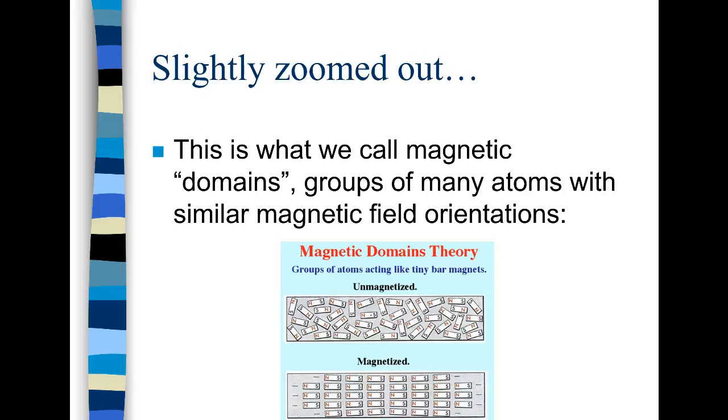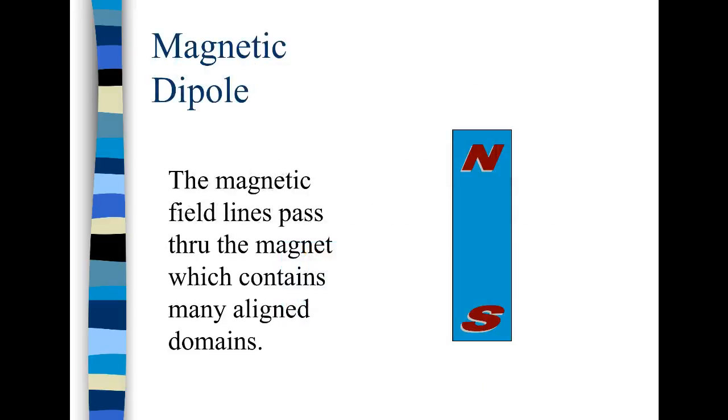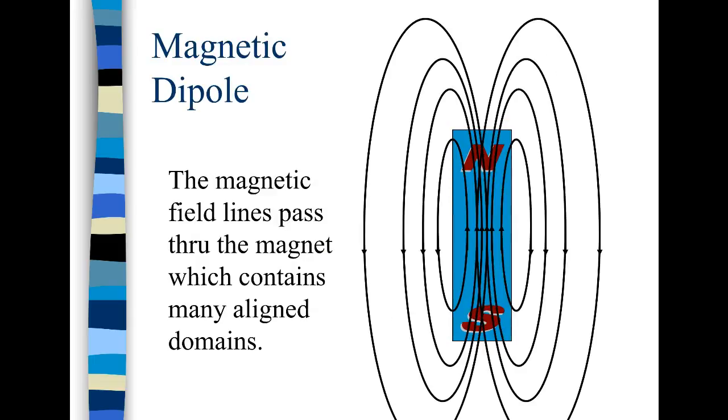And so if you think about a chunk of material as a bar magnet, the magnetic field lines actually pass through the magnet, which has many aligned magnetic domains. So the field lines come out of the North Pole and they wrap around and they go into the South Pole.